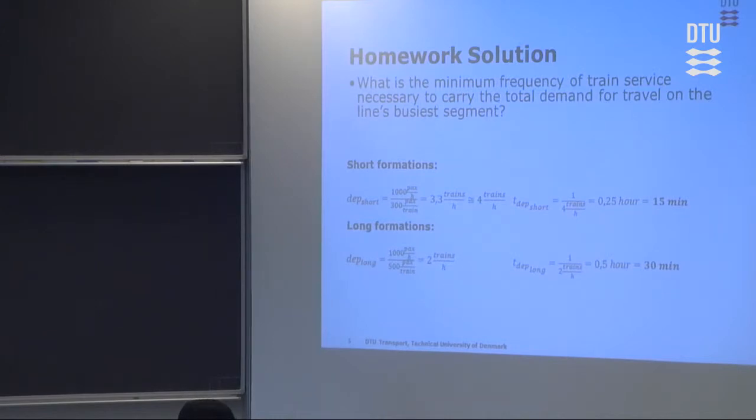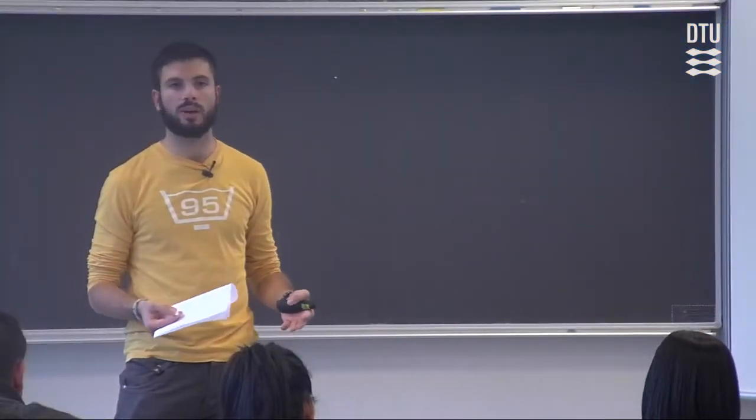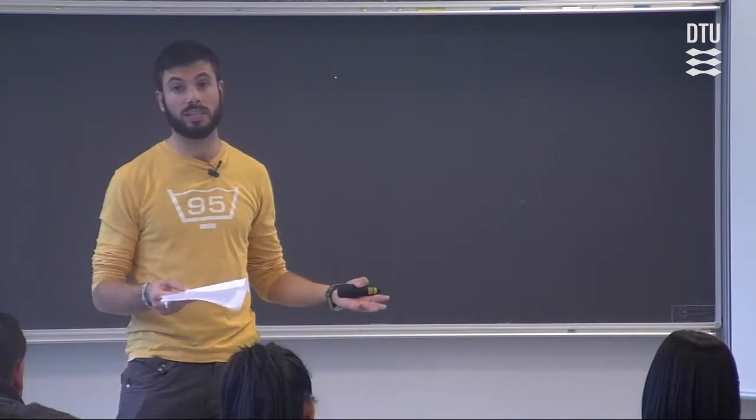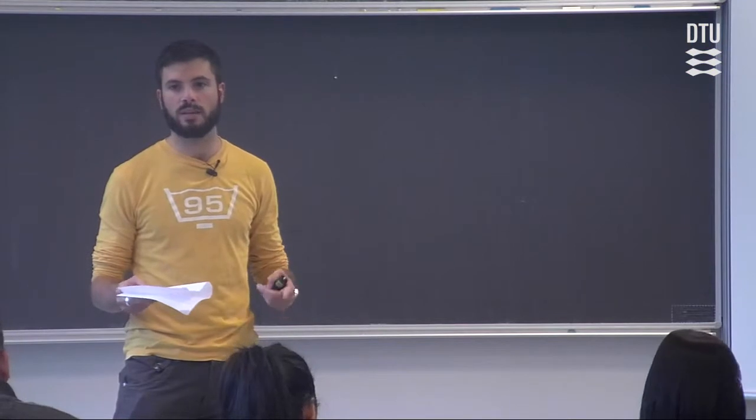What I usually do is call the rolling stock, the hardware, the train set. So we really refer to what is moving. And trains is the service. So we are running one train per hour. That means one service per hour. And we are using 2 train sets per that service.